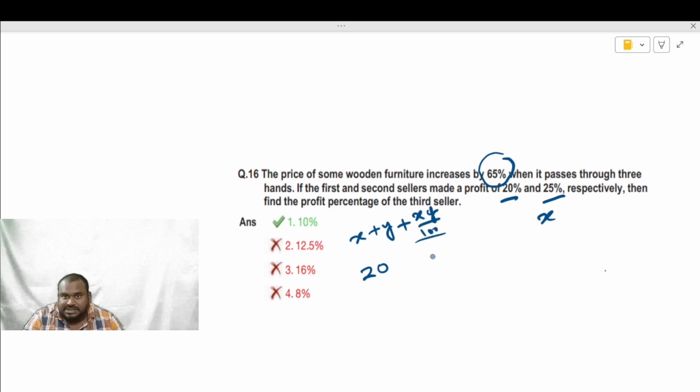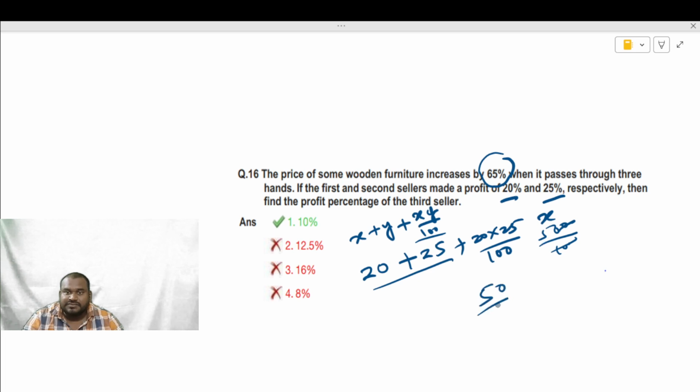So 20 plus 25 plus 20 into 25 divided by 100 is the resultant of two successive increases, that is 20% and 25%. 25 twos are 500, divided by 100, so it will be 5. So 45 and 5, so it is 50% for the two successive increases.